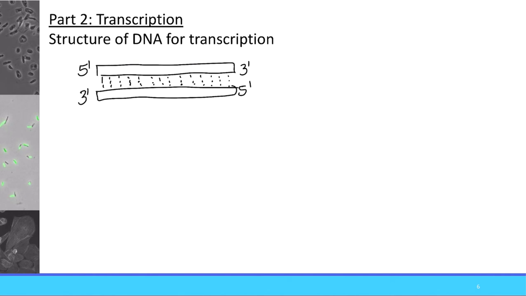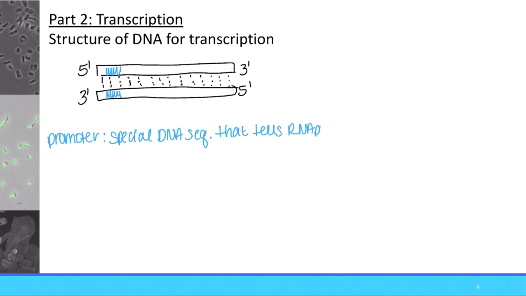And we're going to have a couple of pieces in this DNA. We're going to have this blue region here, and this blue region is our promoter. A promoter is a special DNA sequence, and this is going to tell RNA polymerase where to start making mRNA.